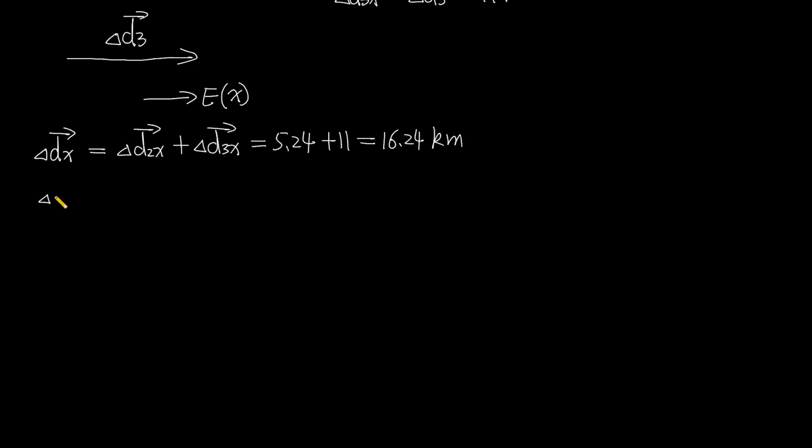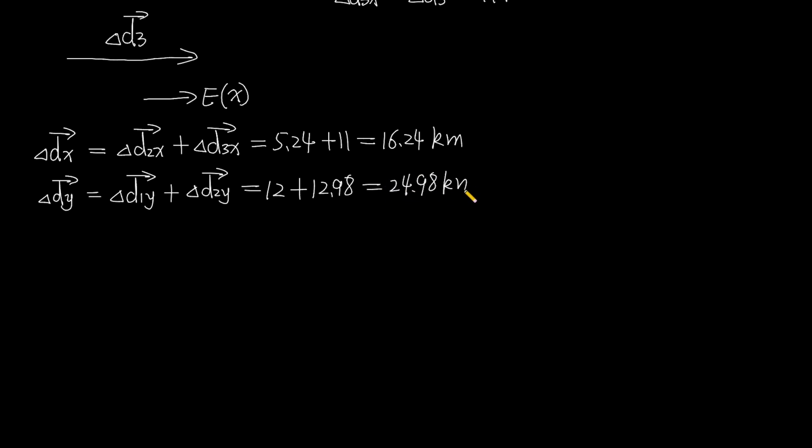And the vector delta dy just equals delta d1y plus delta d2y and equals 12 plus 12.98, which equals 24.98 kilometers. Then I draw the graph.